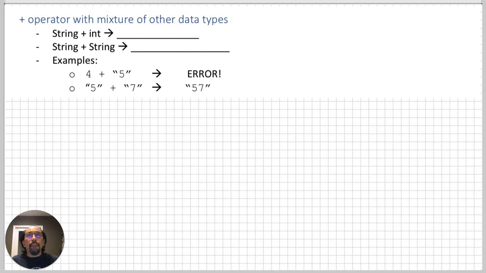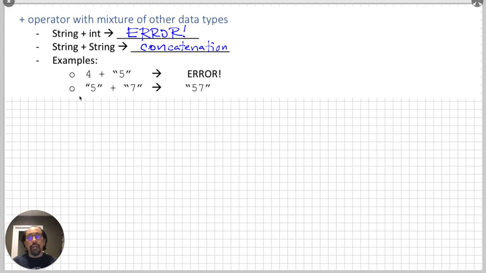Lastly, when we are using this operator, if we mix it with strings, a string plus an integer in Python, not allowed. That's an error. A string plus a string, that is allowed. But when we do that, we're not really adding, we are concatenating the strings.